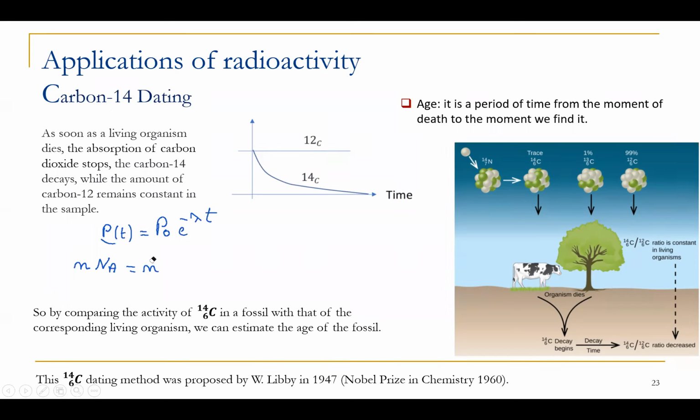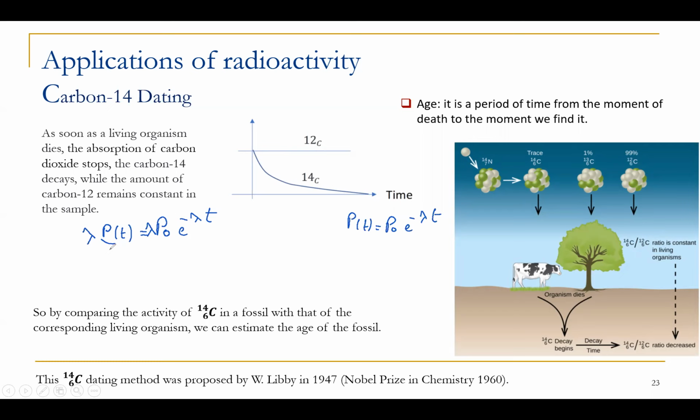Before this one, let me explain another point. If you multiply by lambda here and lambda here, we get a new formula. First of all, we have P at a time t equals P0 exponential minus lambda t. Equation 1, you can use it to find the age, the time t. The second equation, if you multiply by lambda on both sides, lambda times the number of atoms equals the activity.